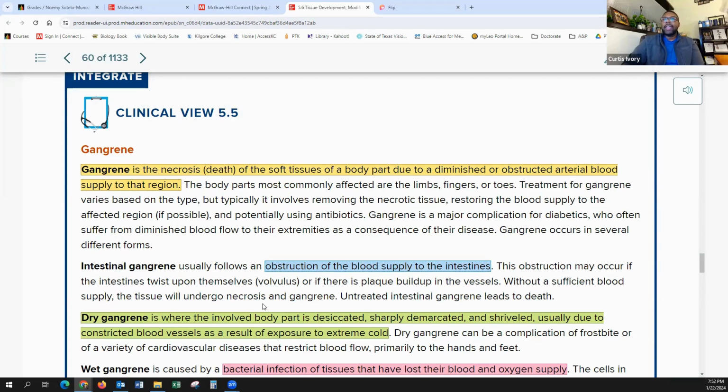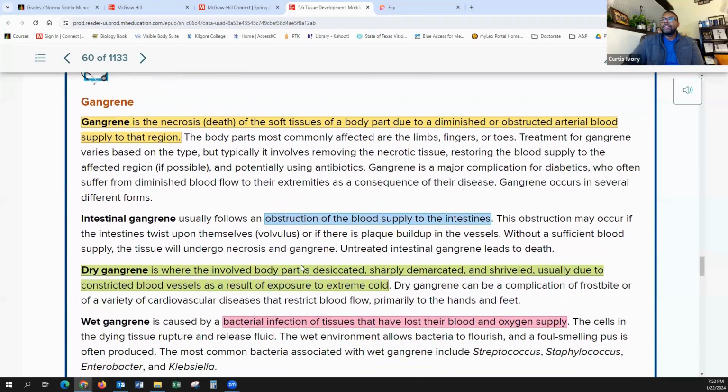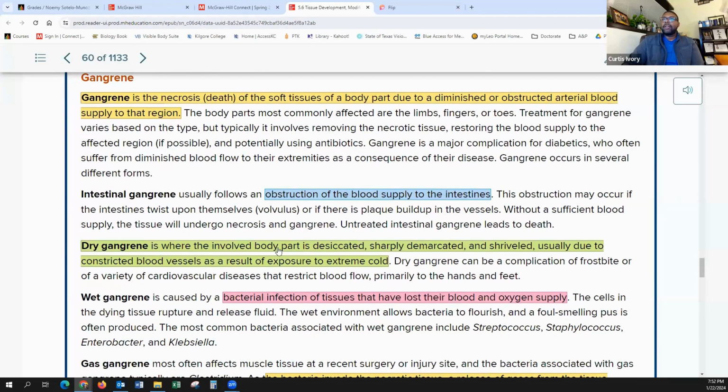You have dry gangrene, which is essentially where the body part is desiccated or shriveled due to constricted blood vessels again, or exposure to extreme cold like frostbite. Frostbite essentially gets so cold that it stops your blood flow completely, especially to your extremities, and your cells die so quickly that they can't be replaced.